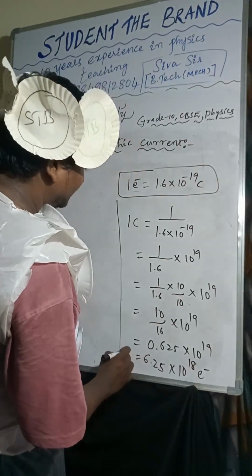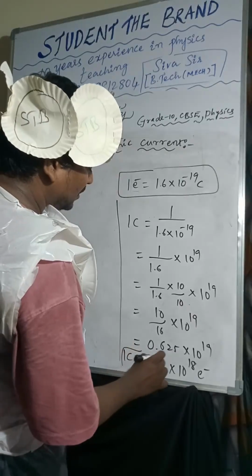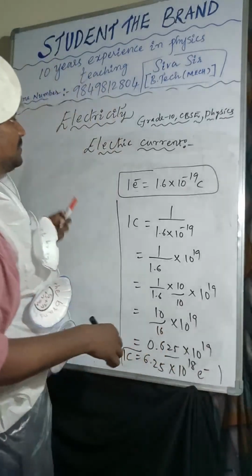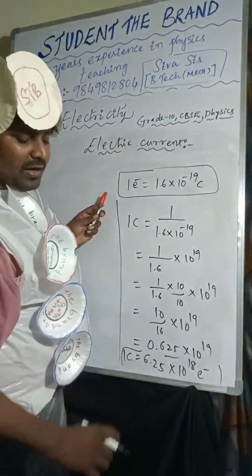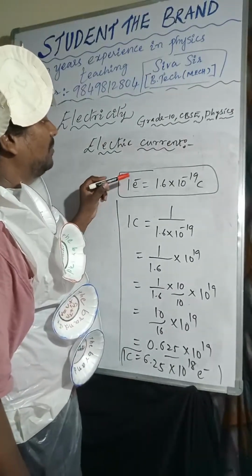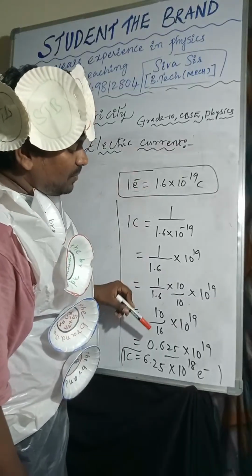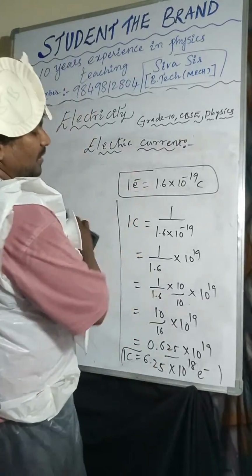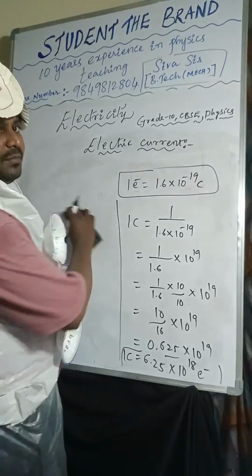So this many electrons are present in 1 coulomb. So that is a quantity. So that's enough. Very, very important. Make a note of it.